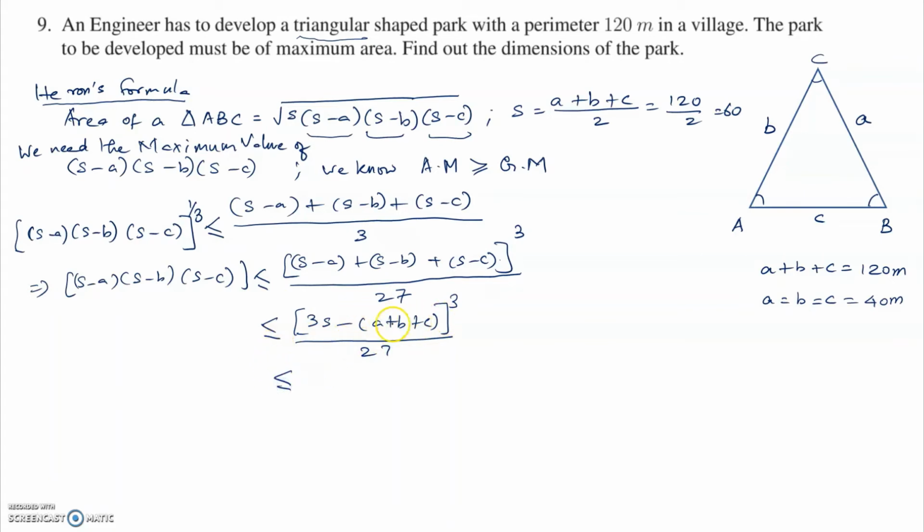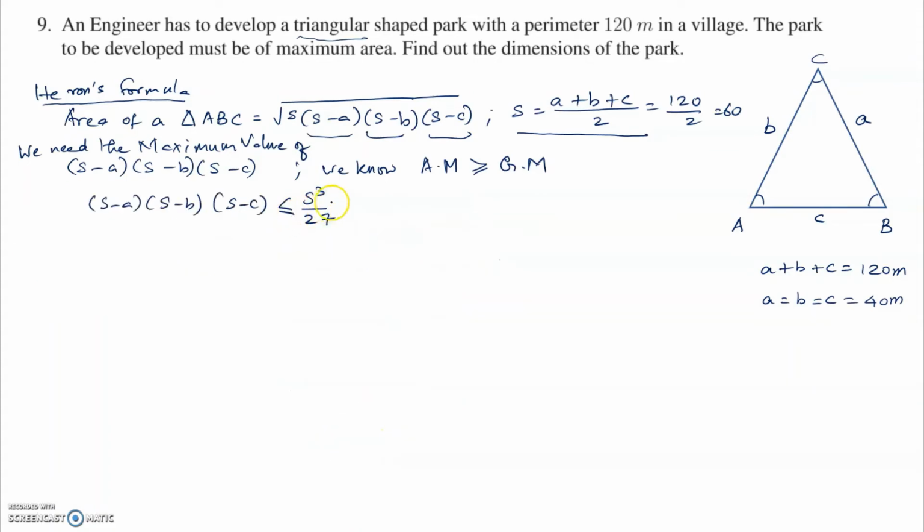We know that S is equal to (A plus B plus C) by 2, so A plus B plus C is 2S. So this is 3S minus 2S to the power cube divided by 27, and 3S minus 2S is S. So now we have, using the geometric mean and arithmetic mean relationship, that S minus A into S minus B into S minus C is less than or equal to S cubed by 27.